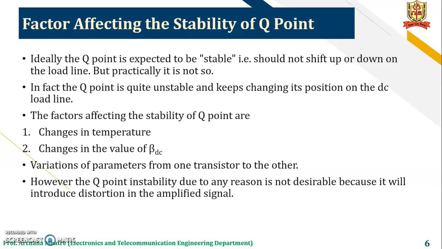The factors affecting the stability of Q point are: first, changes in temperature, second, changes in the value of beta DC, and third, variation of parameters from one transistor to another transistor. However, Q point instability due to any reason is not desirable because it will introduce distortion in the amplified signal.